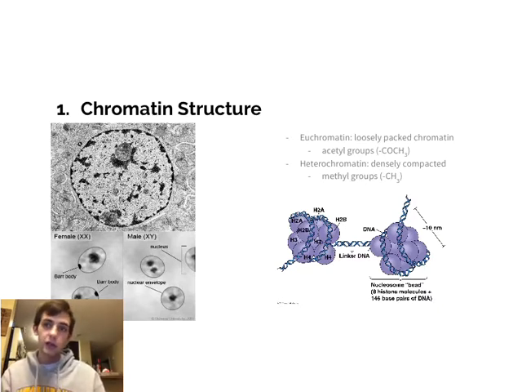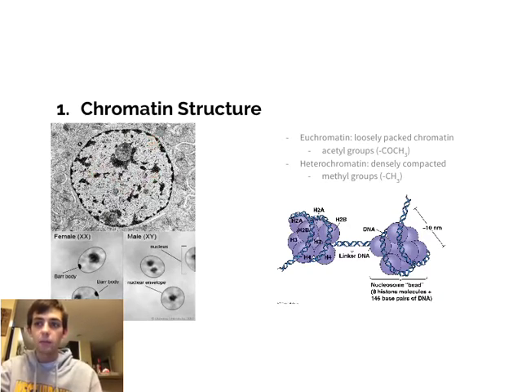Chromatin structure can have 2 main forms. We can have euchromatin and heterochromatin. Euchromatin is the chromatin that exists in cells that is very loosely packed. And so that's the typical beads on a string. If we look at this diagram over here, all of this white looking material, that's euchromatin.